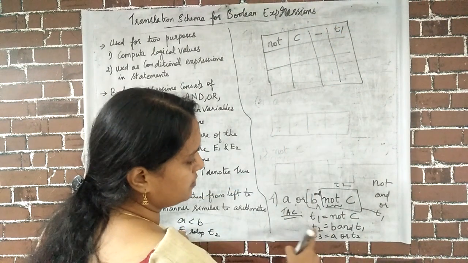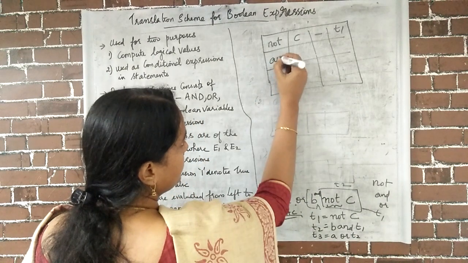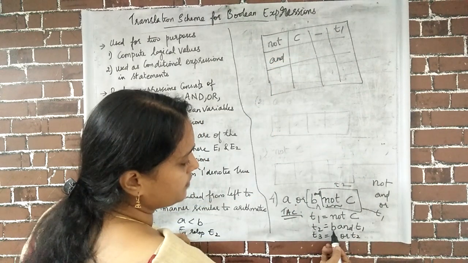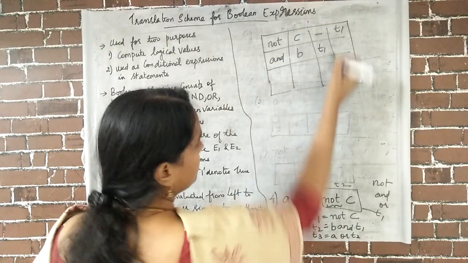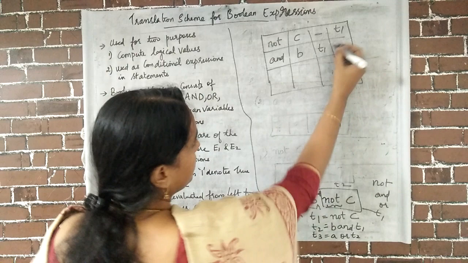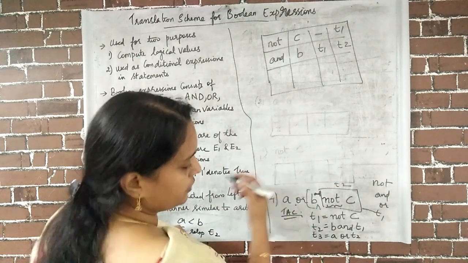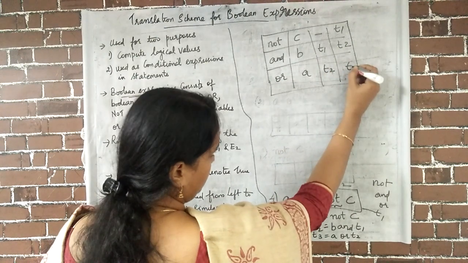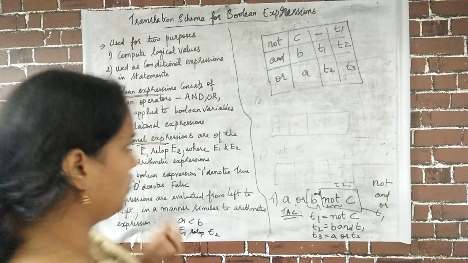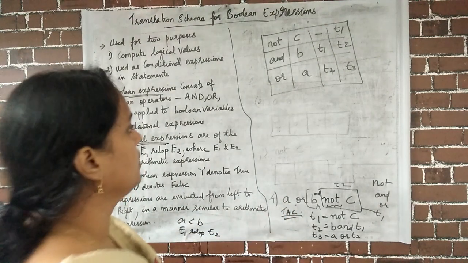Next, T2 is equal to B and T1: the operator is and, the first operand is B, the second operand is T1, and the result is stored in temporary variable T2. Next, T3 is equal to A or T2: or, A, T2, with the result stored in T3. This is the quadruple representation of this expression.